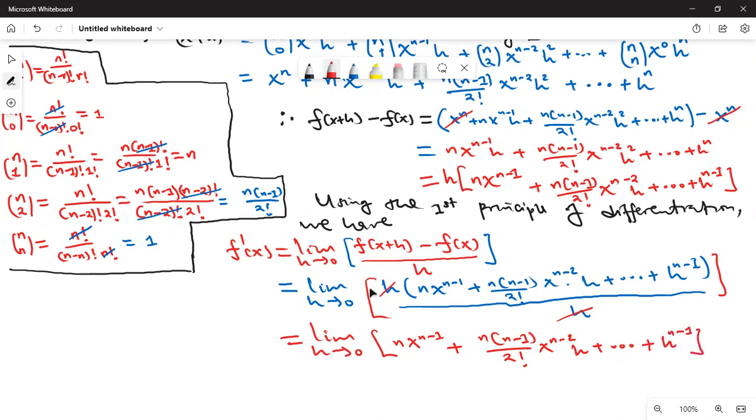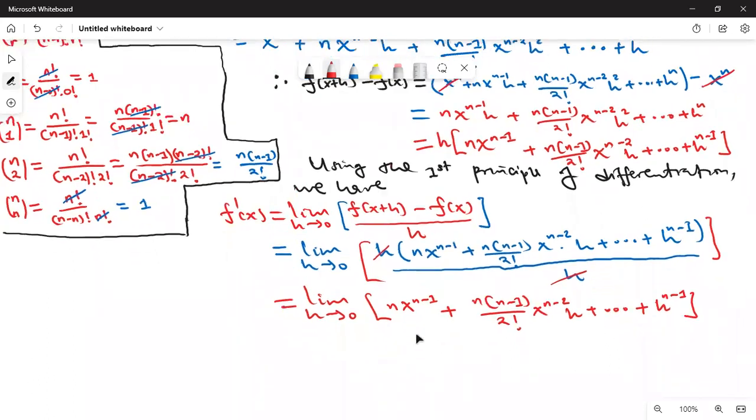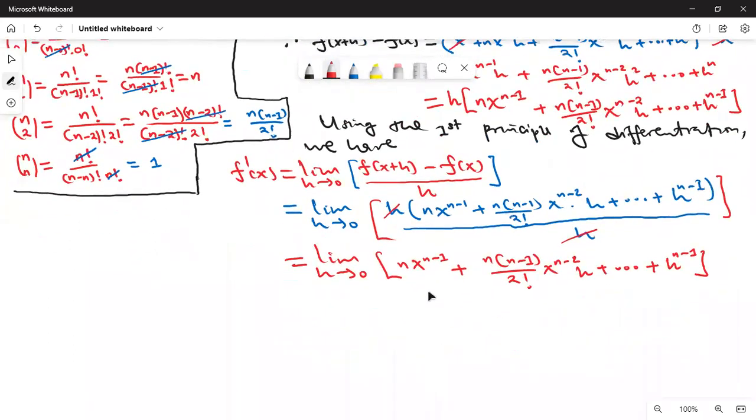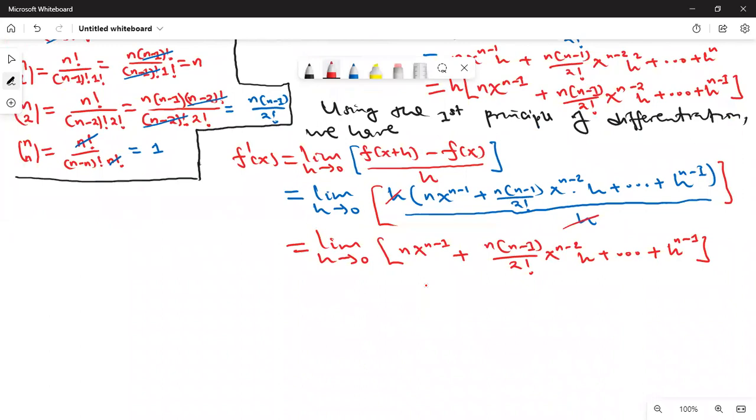So once you simplify your function, the last thing is to try direct substitution. When we use direct substitution, remember where there is h, you put 0. So we are going to get n x raised to n minus 1 plus, this one will be 0 because you see here, we are replacing h by 0.